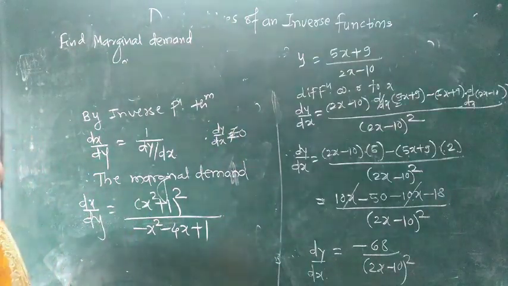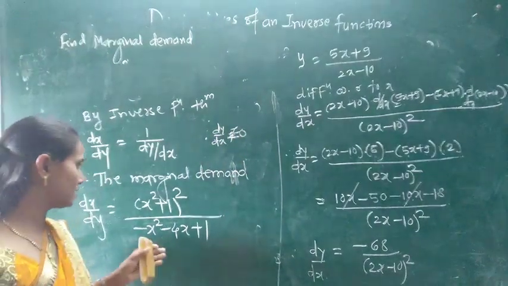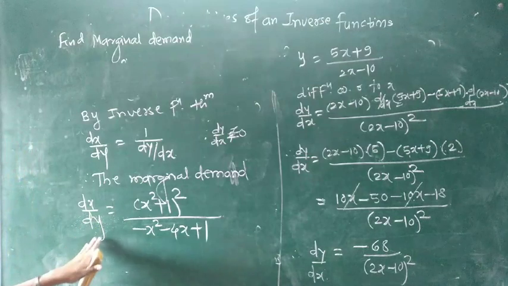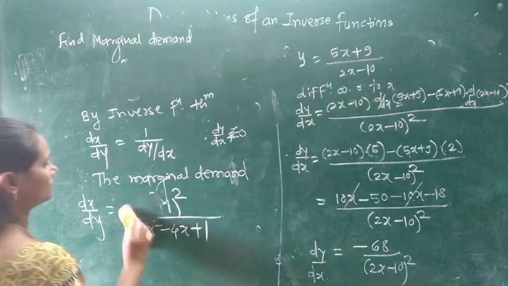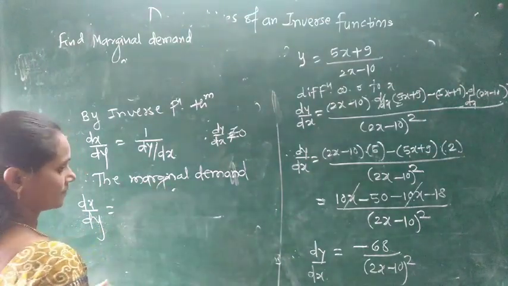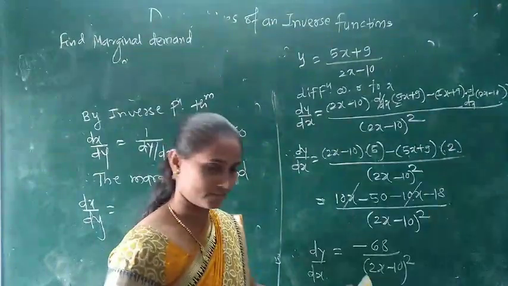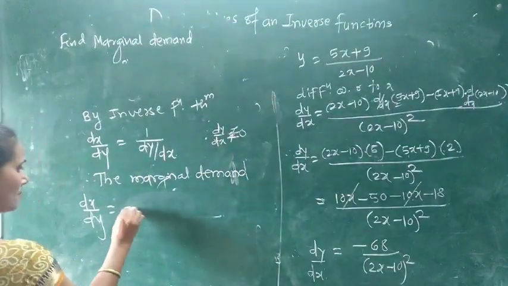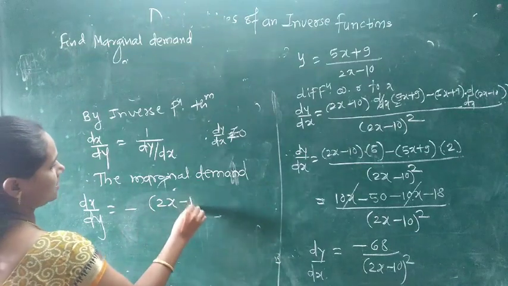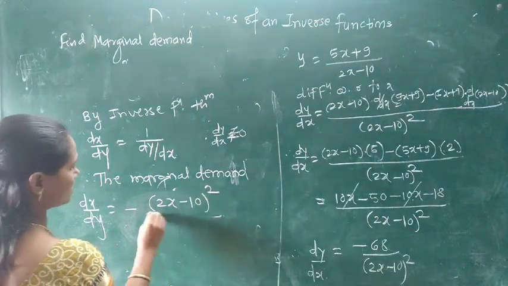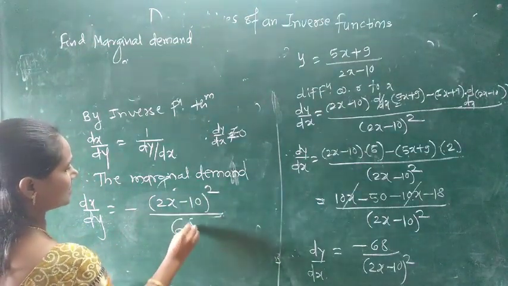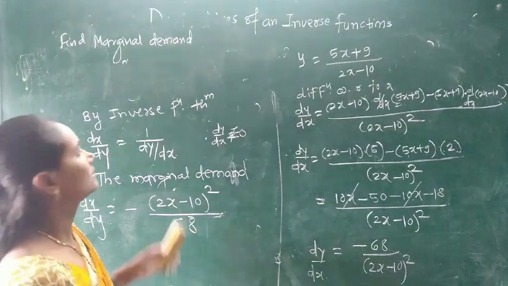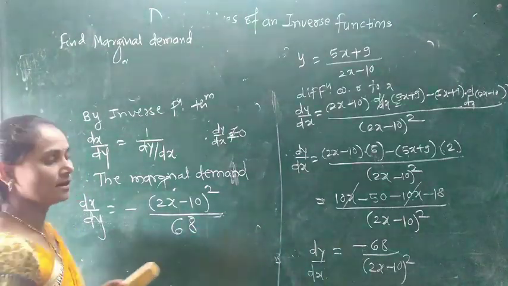Therefore, the marginal demand x with respect to price y is what? dx upon dy is equal to 1 upon this term. That means minus (2x minus 10) bracket square divided by 68. That is the marginal demand.